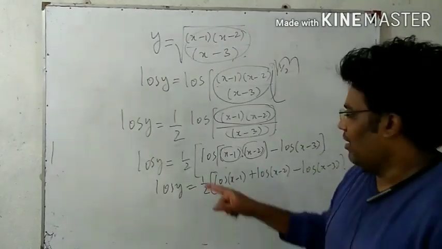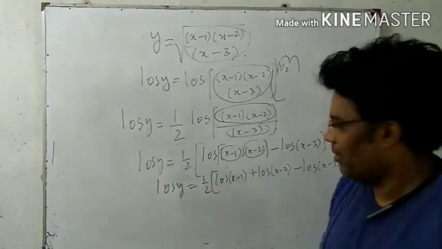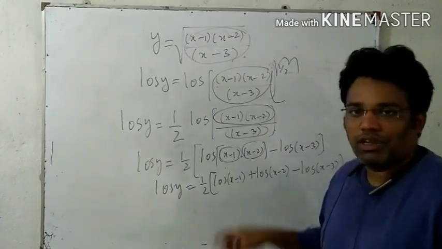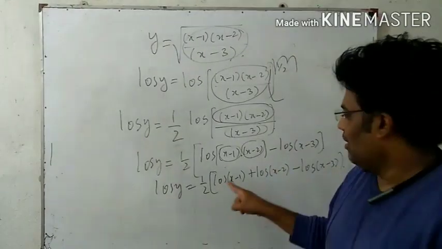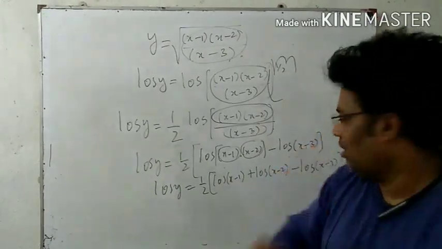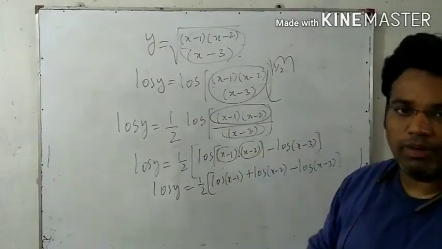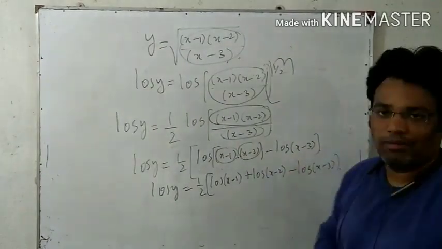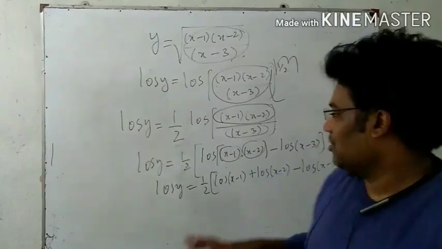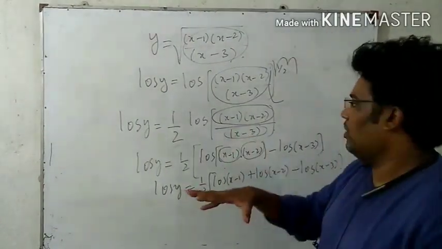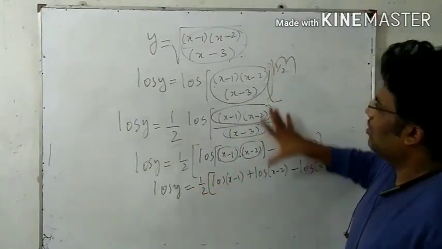1 by y. Differentiation of y with respect to x, dy by dx. Log of x minus 1, 1 by x minus 1. Differentiation of x minus 1, 1. Log of x minus 2, 1 by x. Matter closed, all this is over. So the area we need to concentrate on is this part.